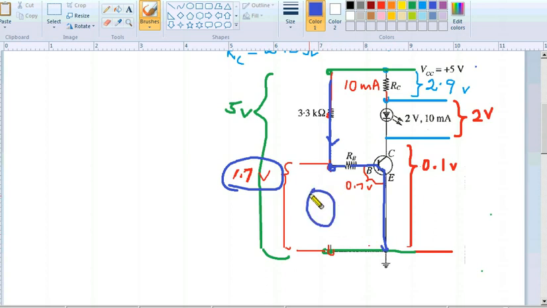So we don't want this branch now, we have finished talking about that earlier. So the voltage between these two junctions is this value, 1.7.